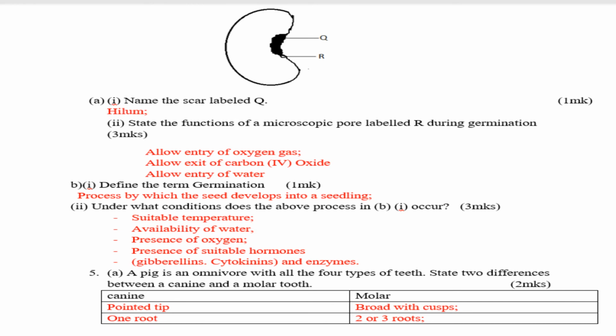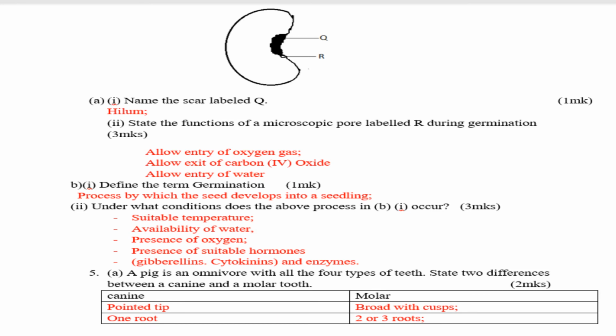A pig is an omnivore with all the 4 types of teeth. State 2 differences between a canine and a molar tooth. In other words, what they are asking here is whether you know the differences between teeth.